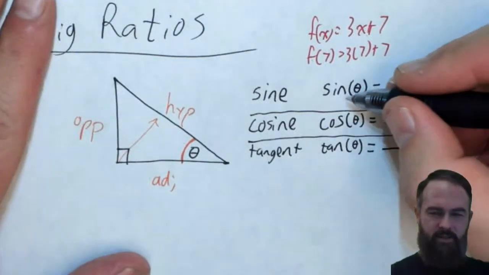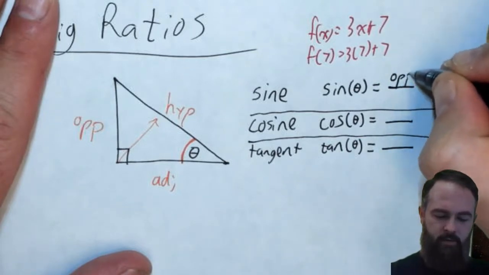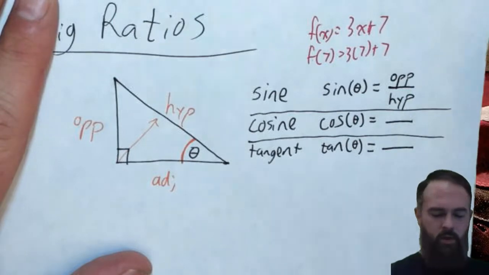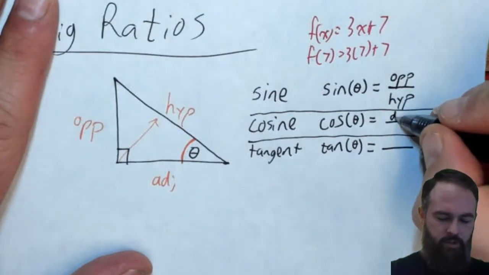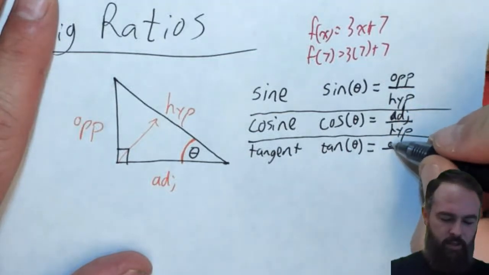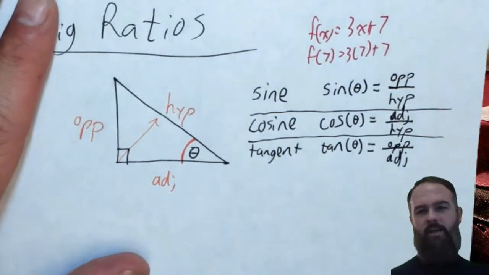Now, the sine is going to be the opposite side divided by the hypotenuse. The cosine is just going to be the adjacent divided by the hypotenuse, and the tangent is going to be the opposite side divided by the adjacent side.